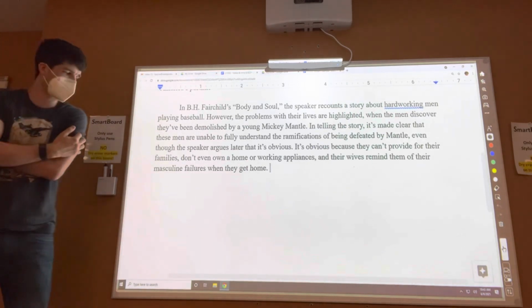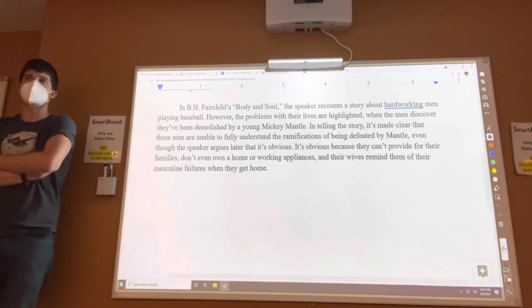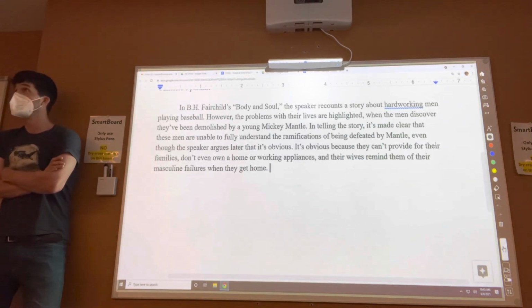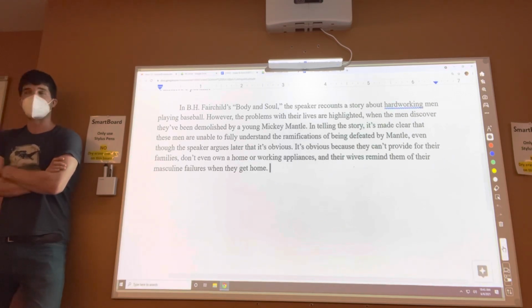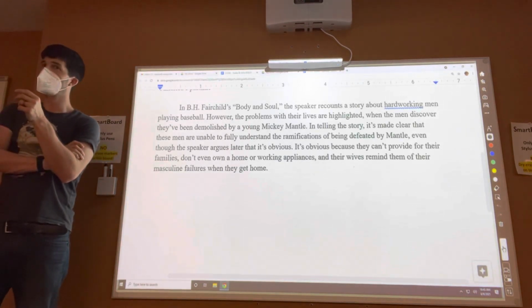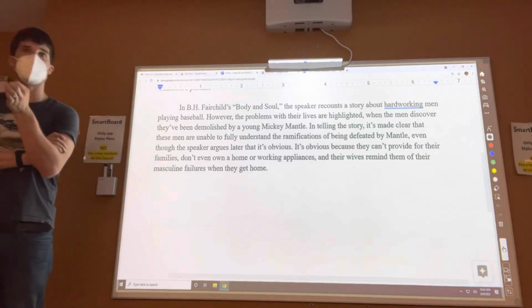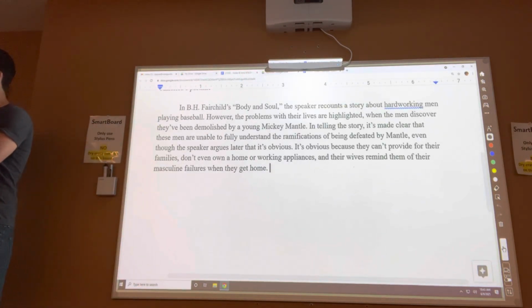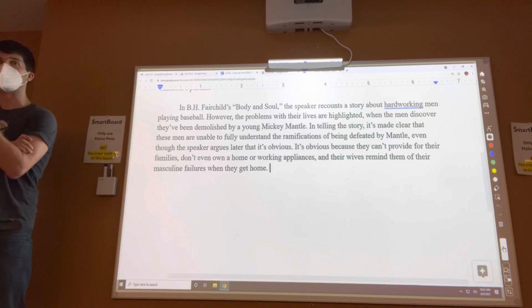If we're tying their failures in their home life to their failures in baseball, what might that suggest about their home life? Not as hard as you think, I promise. They fail at the game, they fail at home. This is one of those SAT comparisons, analogies.